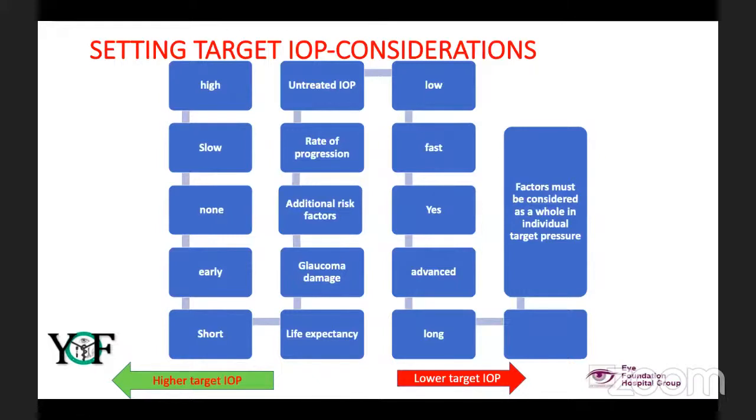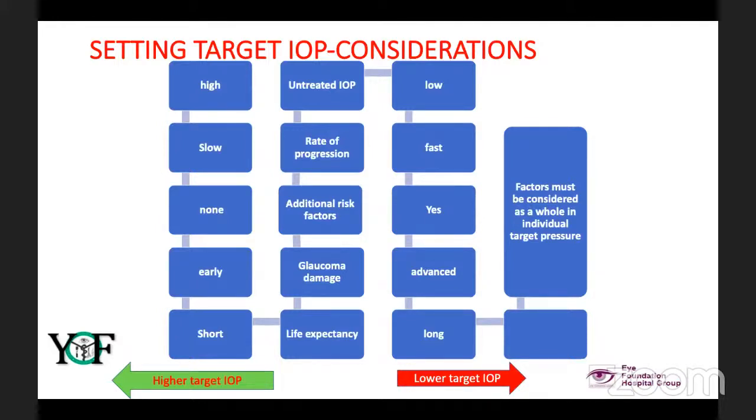If additional risk factors occur, like hypertension, diabetes, or vascular disease, the target pressure will also be set at a lower level. Glaucoma damage, if it's advanced, the target pressure will be lower than when it is at the early stage.